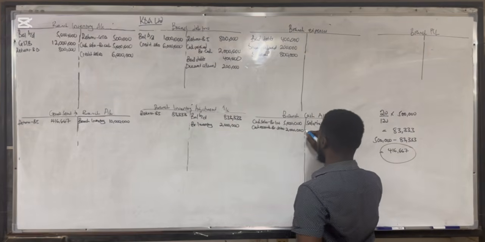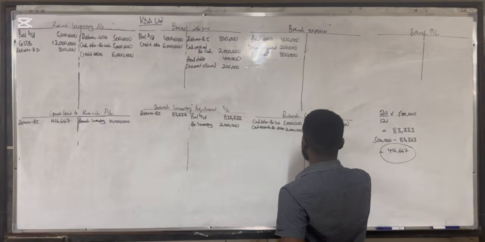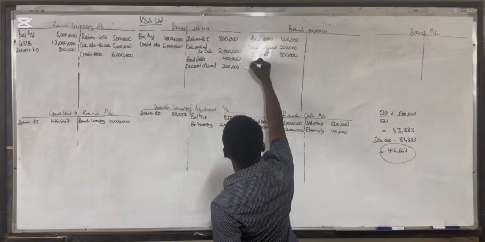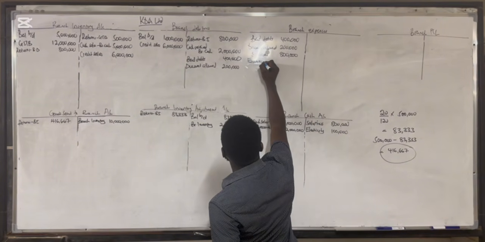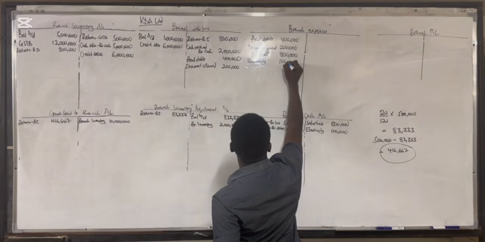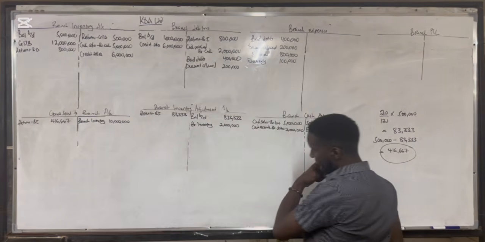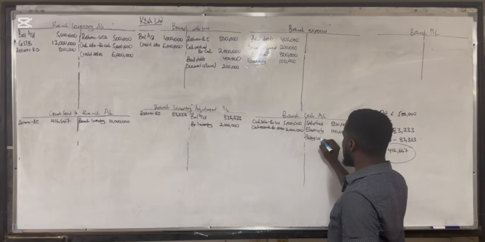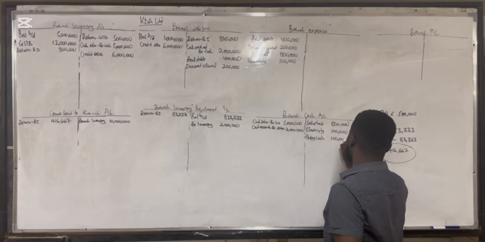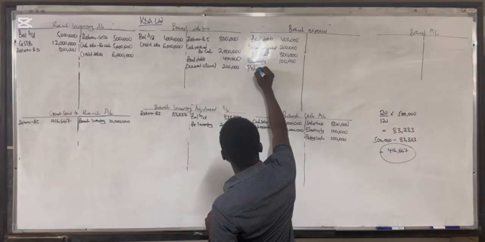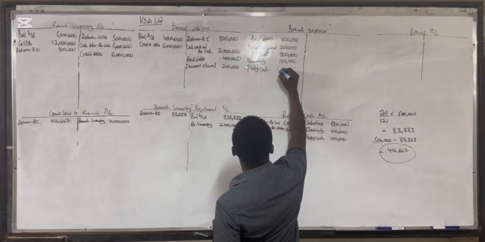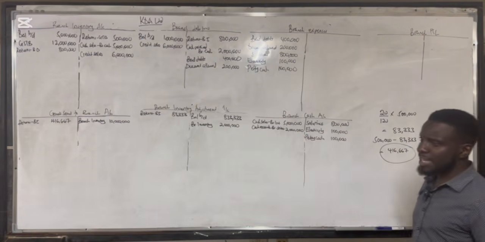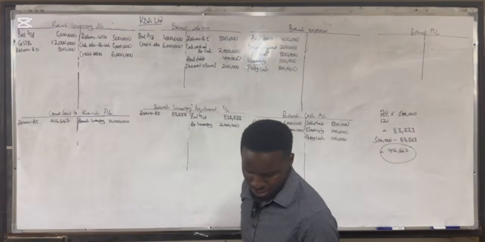And then we are going to have electricity of 100,000, and then petty cash of 100,000. So these are the transactions that we were supposed to enter within the books.